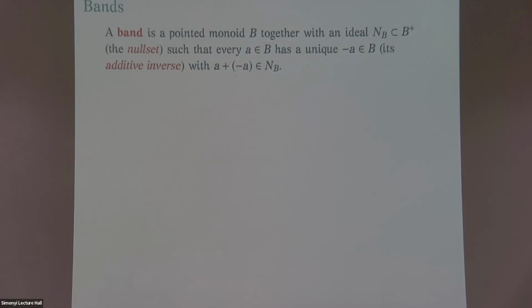Let me tell you how to think about that. We call this ideal the null set, and this minus a the additive inverse. The null set consists of those finite formal sums that you think are equal to 0.